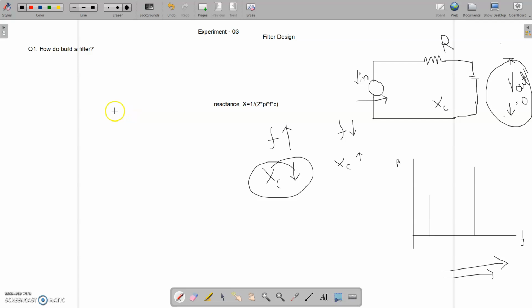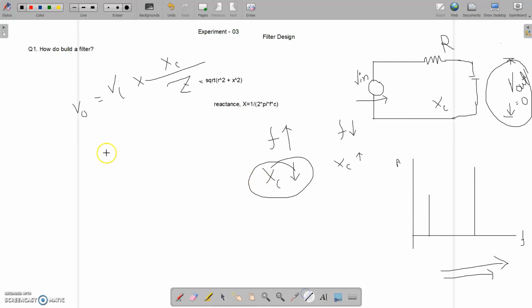The V output is given by this simple voltage divider: V input multiplied by Xc, divided by Z, where Z is equal to the square root of R square plus Xc square.